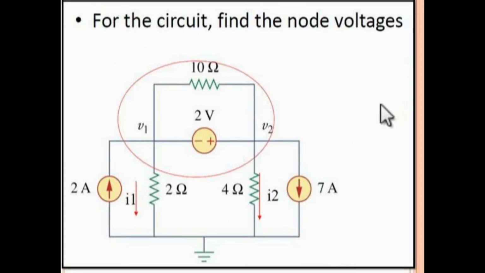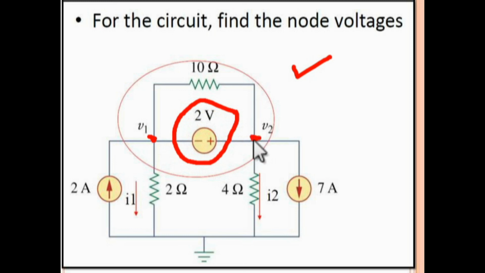Now this is another problem we will take, and we will solve it by super nodal analysis, because a 2 volt voltage source is connected right between two non-reference nodes, V1 and V2, and this is the reference node at the bottom.